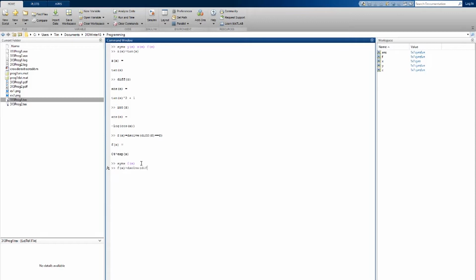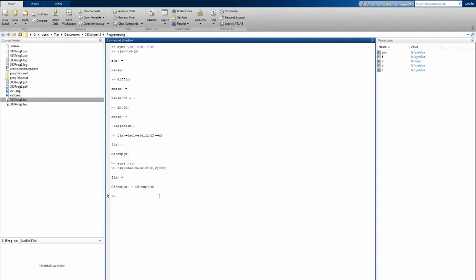Let's do the second derivative of f, and the way that I do that is going to be diff of f comma 2, and then I want this to equal f. Now let's see. Okay, so now I have an arbitrary linear combination of e to the x and e to the negative x, and it makes sense that these are two different numbers here, because that's telling us that these are two different arbitrary constants. Why they skip to 5 and 6, I don't know, and that's the part that's kind of mysterious to me.